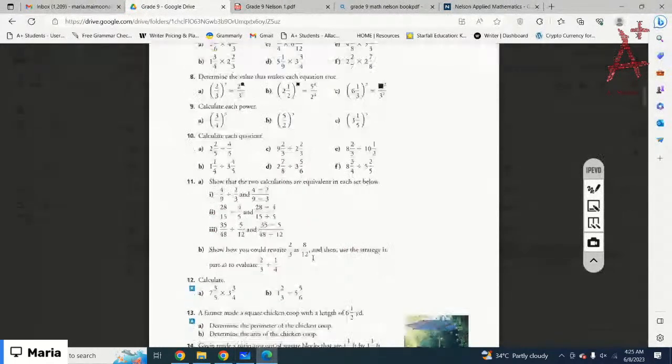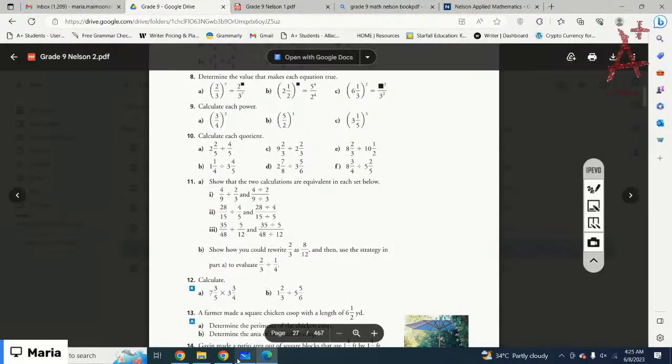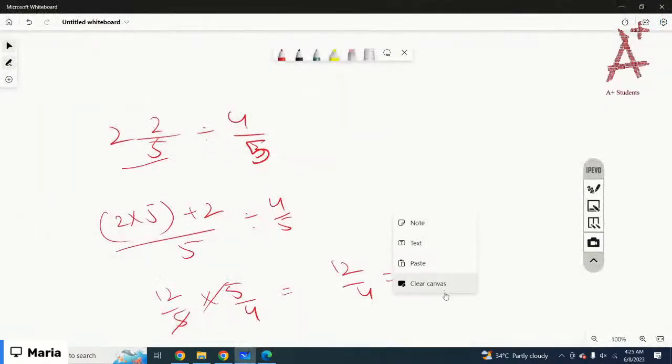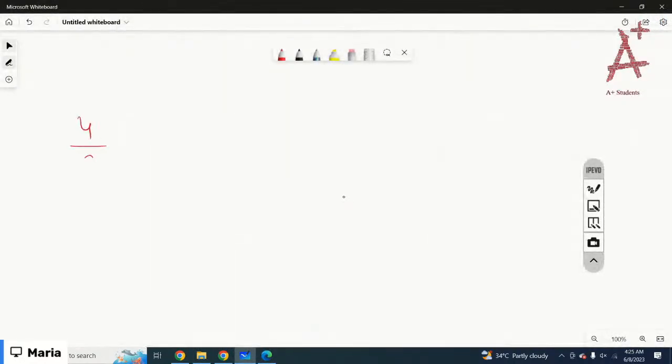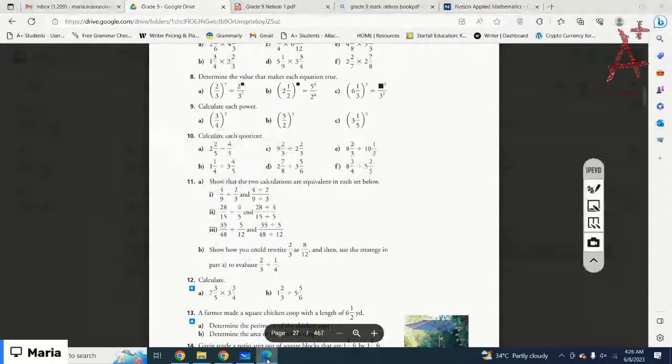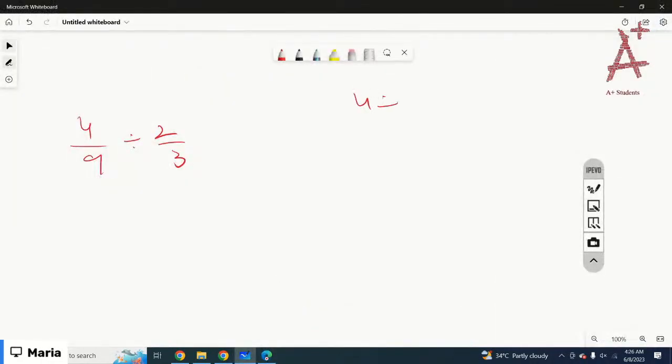Okay, let's do question number 11. Show that two calculations are equivalent in each set below. Let's see how. 4 over 9 divided by 2 over 3, and 4 divided by 2 over 9. We have to show they are equivalent. Let's solve them.